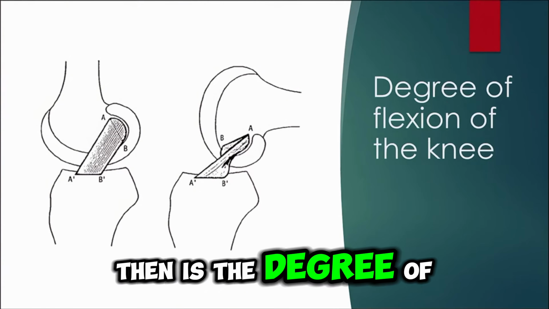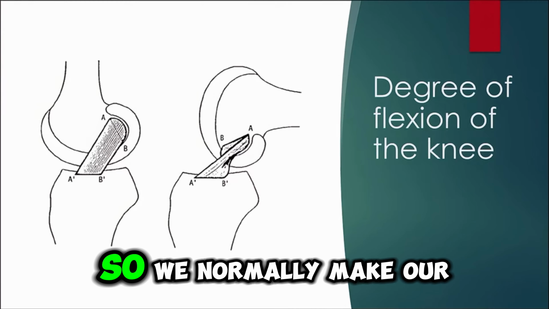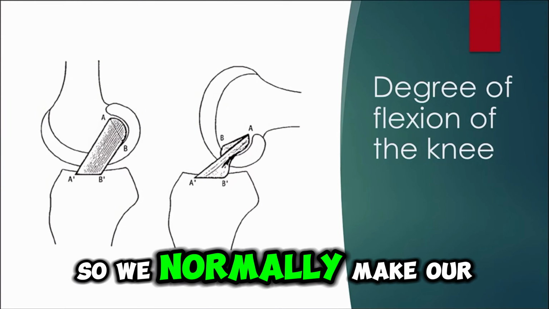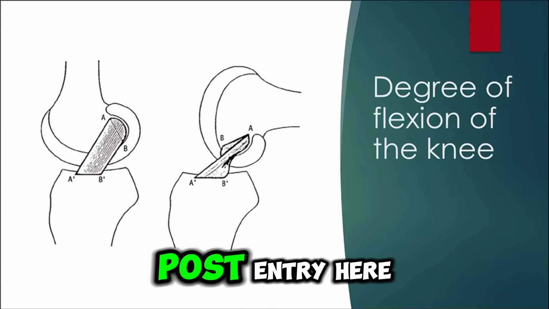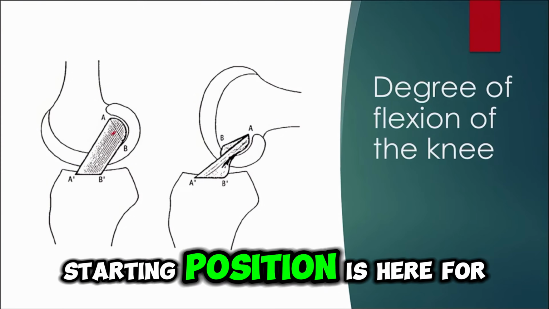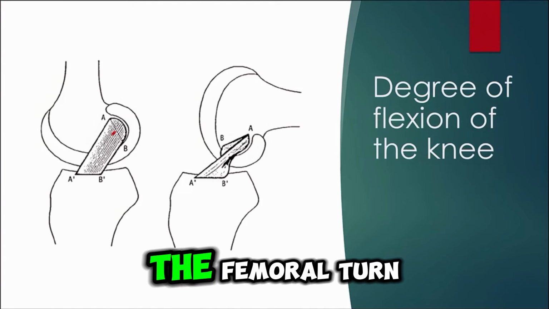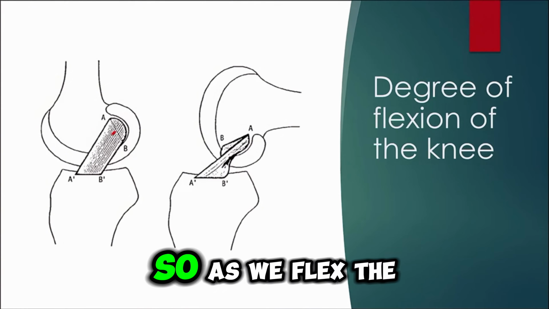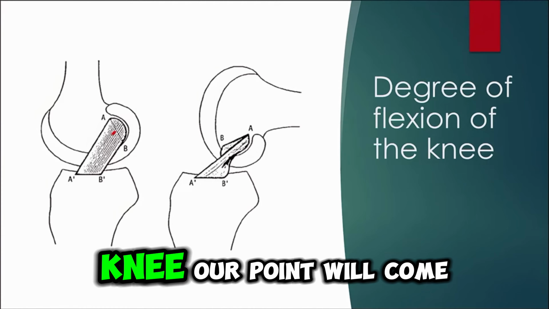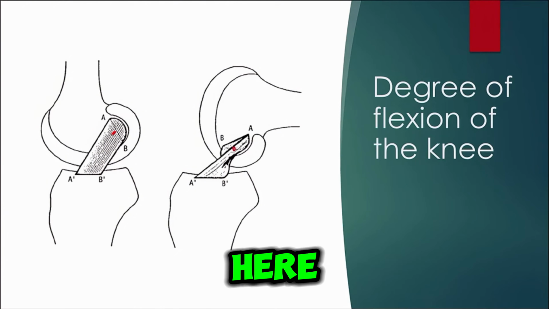Then is the degree of flexion of the knee. We normally make our entry here, the starting position for the femoral tunnel. As we flex the knee, our point will come here.